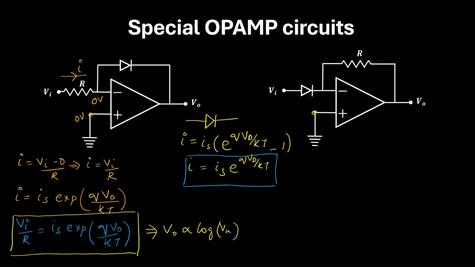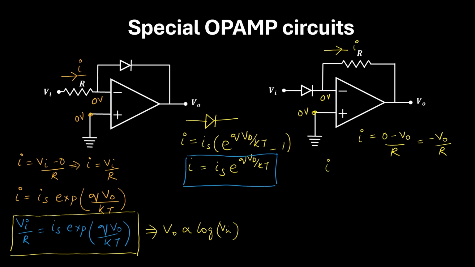So the voltage here is 0 volt, here also it will be 0 volt, and let's say the current flowing through R is I. So I can be expressed as 0 minus V naught by R. So I is minus V naught by R. Then the same current will be flowing through the diode.